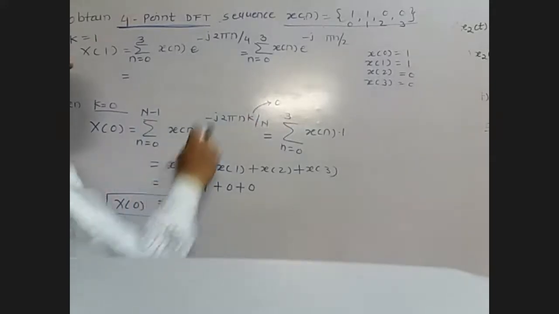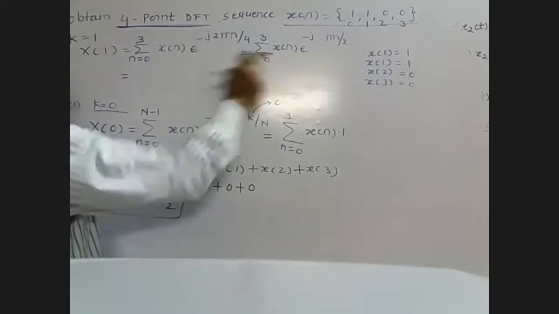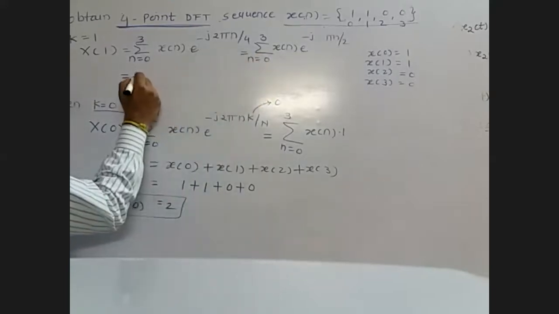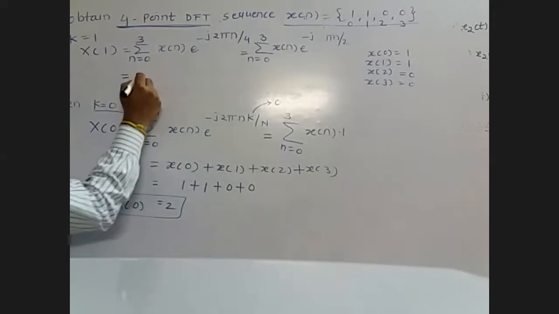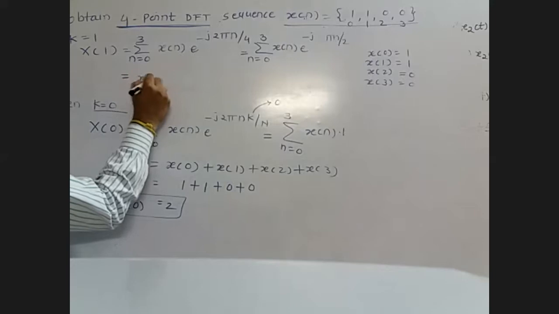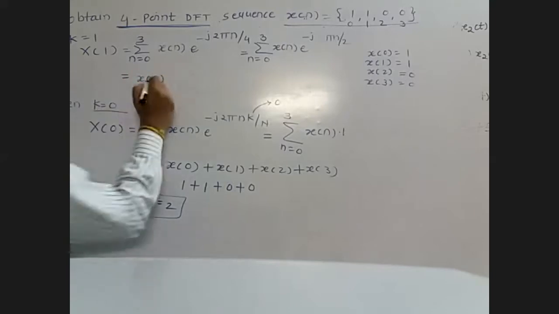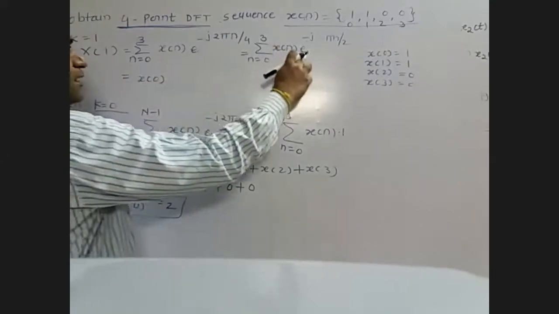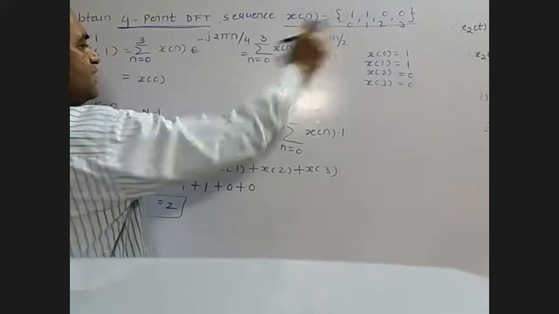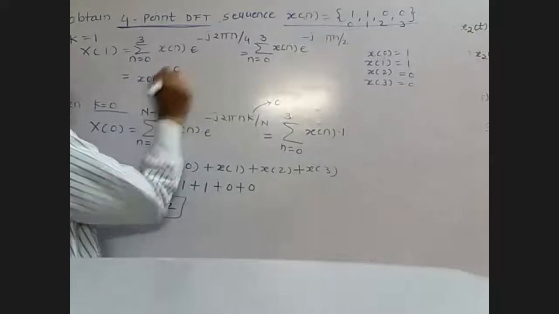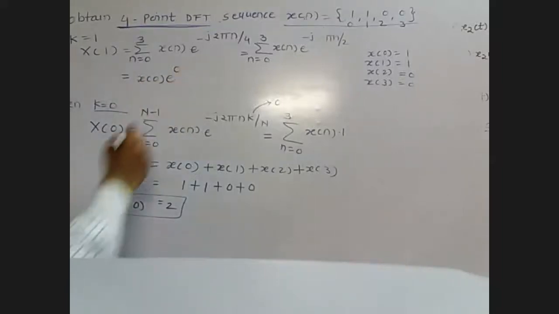Now I am solving this expression. I put n values 0, 1, 2 and 3. So I write here x of 0, and n value is also 0, so the whole exponent term becomes 0.